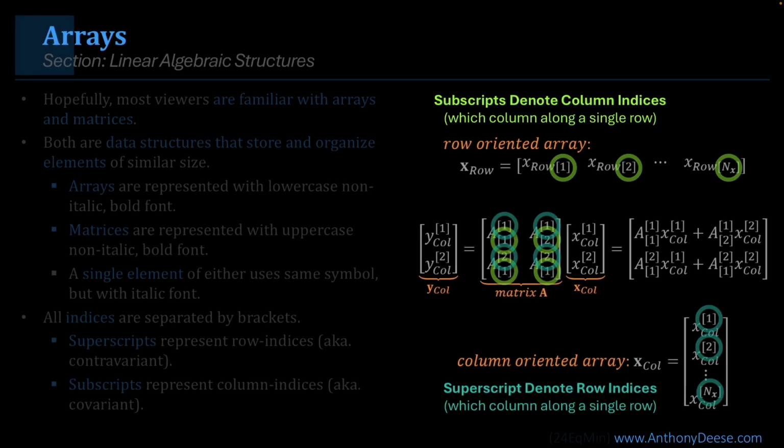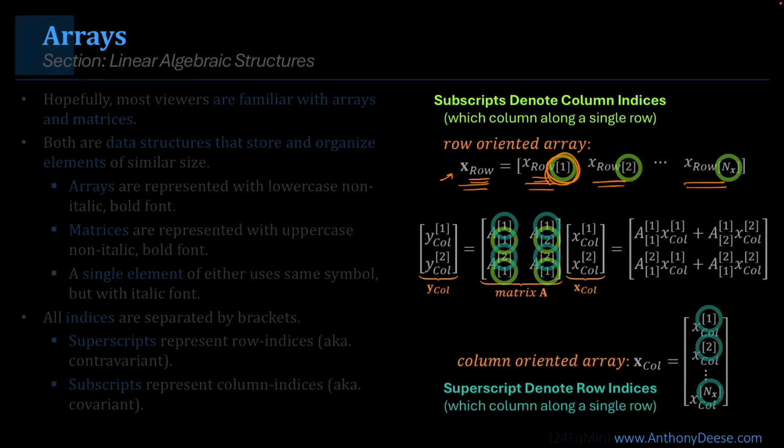All right. So here we have an example of a row-oriented array. You can see that it has a bold, non-italic symbol, and then the individual elements are non-bold, italic. They have the same subscript, but they have this additional index, which is bracketed.